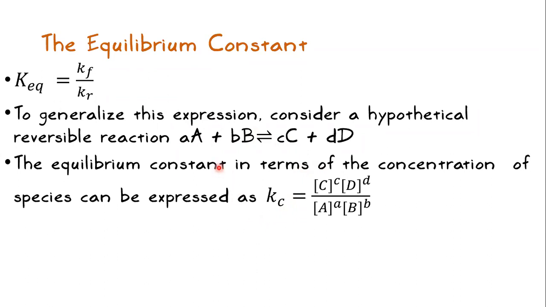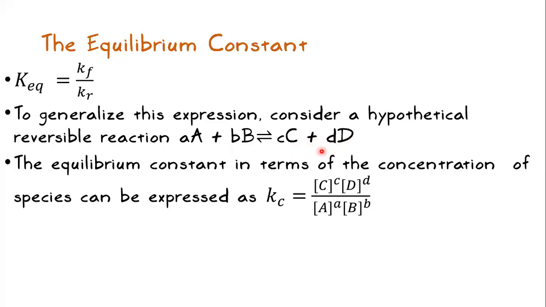So we are considering a hypothetical reaction, which is just an example reaction. This is not real. We are just using symbols here. So we have a moles of reactant A plus b moles of reactant B going to c moles of product C plus d moles of product D.